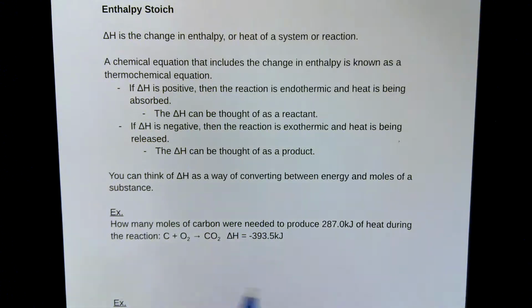So, for example, if we have this thermochemical equation here, and then we are asked how many moles of carbon are needed to produce 287.0 kilojoules of heat, then we will set this up just like any other stoichiometric conversion, where we have our given 287.0 kilojoules of heat, and we're going to convert into moles of carbon using the relationships from this thermochemical equation, where 1 mole of carbon reacts with 1 mole of oxygen gas to produce 1 mole of carbon dioxide gas, and the delta H would be negative 393.5 kilojoules.